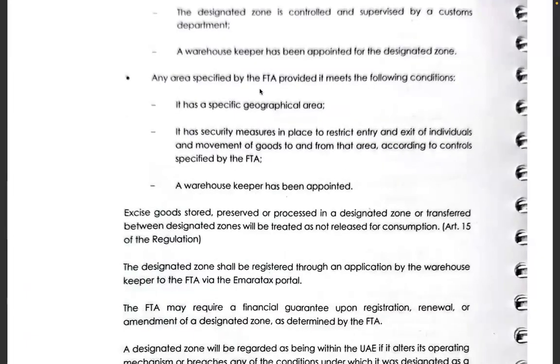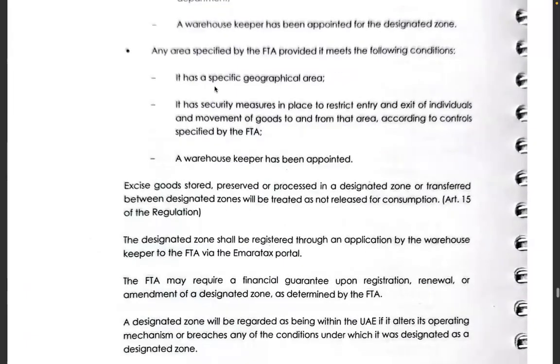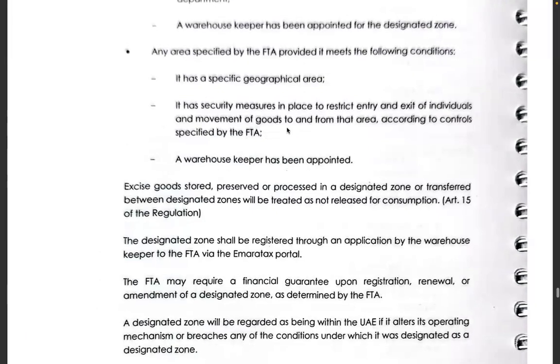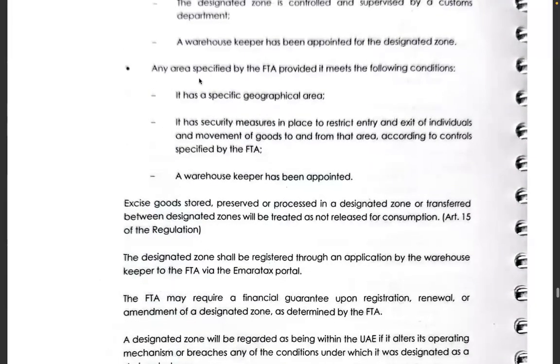What are those conditions? It has a specific geographical area to begin with. It has security measures in place to restrict entry and exit of individuals and goods to and from that area, according to controls specified by FTA, and where a warehouse keeper has been appointed. So same three conditions. This is an area specified by FTA.